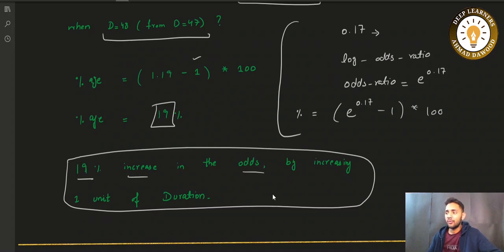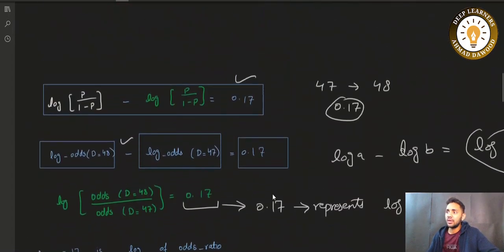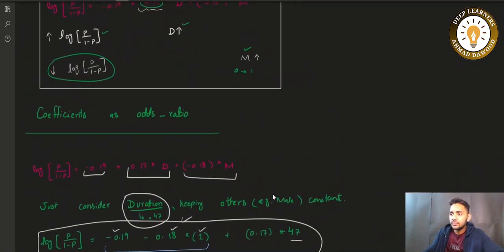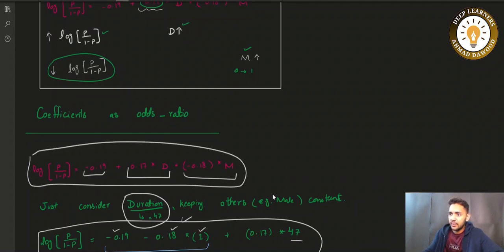Okay, and for simplicity, you can say it in the simple way: this is the equation that you had previously. When all the remaining variables are held constant at some particular value, then if your duration increases by 1 unit, your log of odds will increase by 0.17. It is obvious.